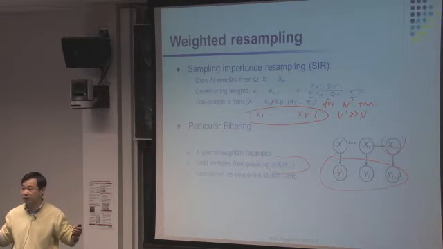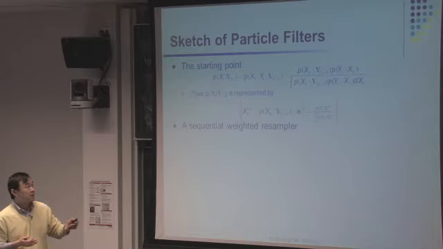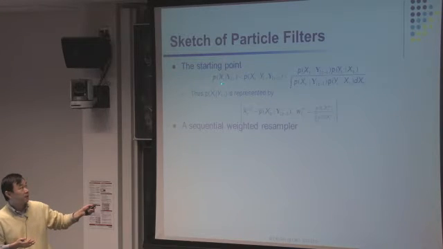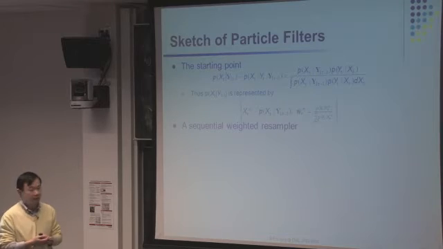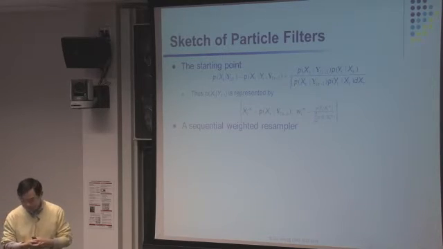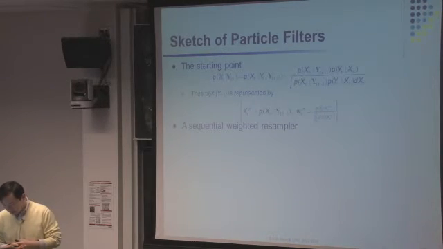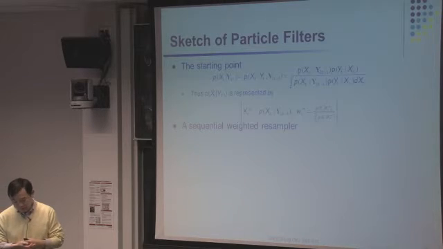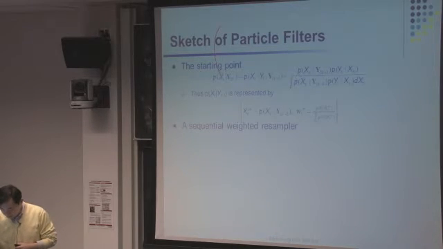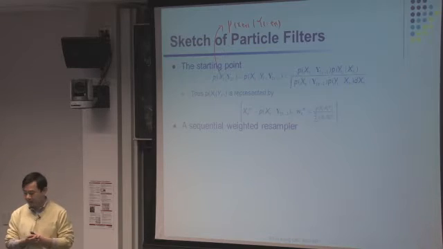So at time t, we have the conditional of x_t given the sequence y_1 to t. Now let's see how we can start from here to produce p(x_{t+1} | y_1 to t+1). That is our goal.